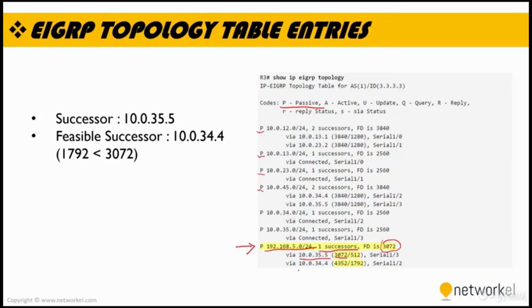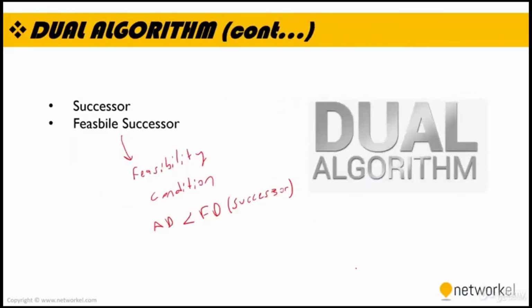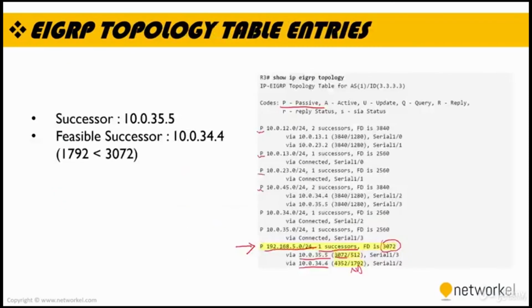So what about the feasible successor? The second guy. If I lose the connection which is advertised by the successor, the feasible successor handles the process, but there is a rule for that. And this rule is AD must be smaller than the FD of the successor.